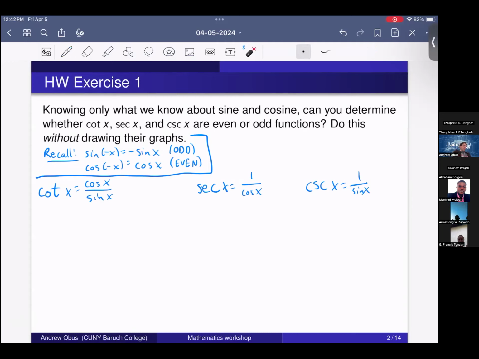Let's look at the first one. If we wanted to figure out whether cotangent of x is an odd function, an even function, or maybe neither, what would we do with this expression to check?